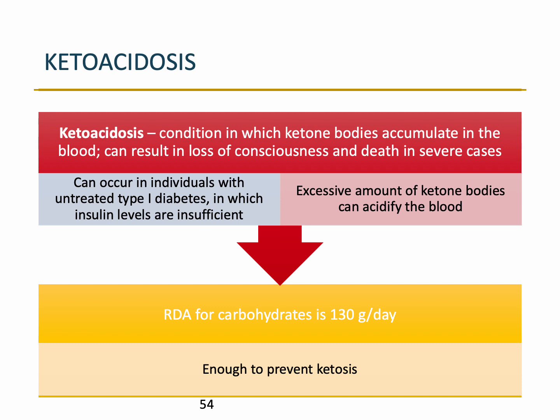But if it goes far enough, you can even lose consciousness and die in very severe cases. This occurs in individuals with untreated type 1 diabetes. Their pancreas can't produce insulin, so they can't use the glucose in their body, and their body is running off of stored fat.